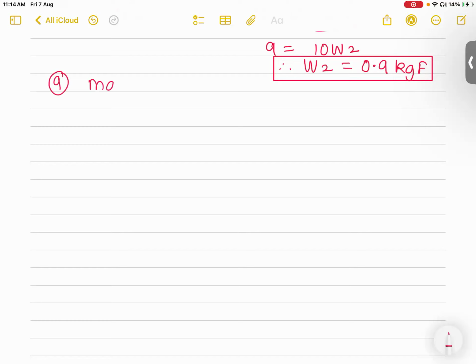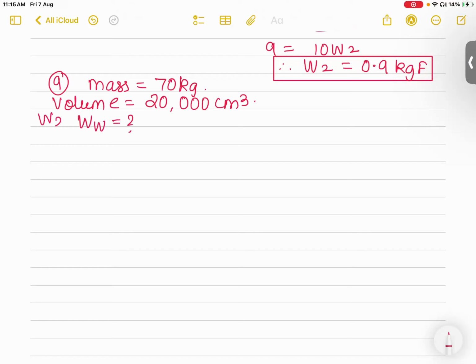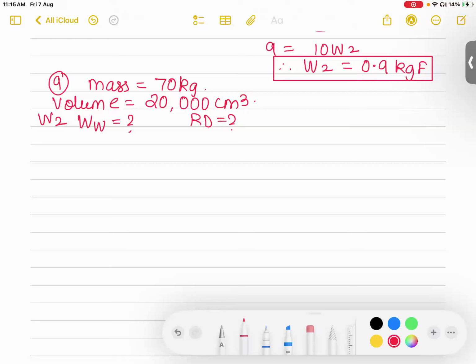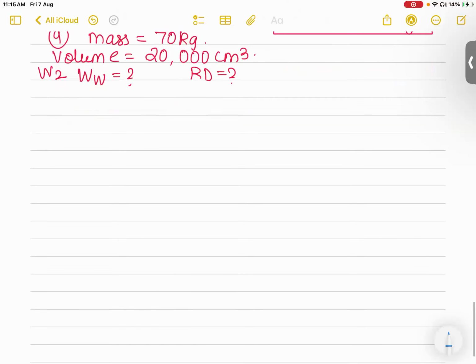Mass of the body given to me is 70 kg, students. Volume of that body is given to me as 20,000 centimeter cube. I am supposed to find out weight in water, that is W2, students, and I am supposed to find out RD. To calculate RD, I will go with my basic formula, which is I'll calculate the density of substance by using mass upon volume.